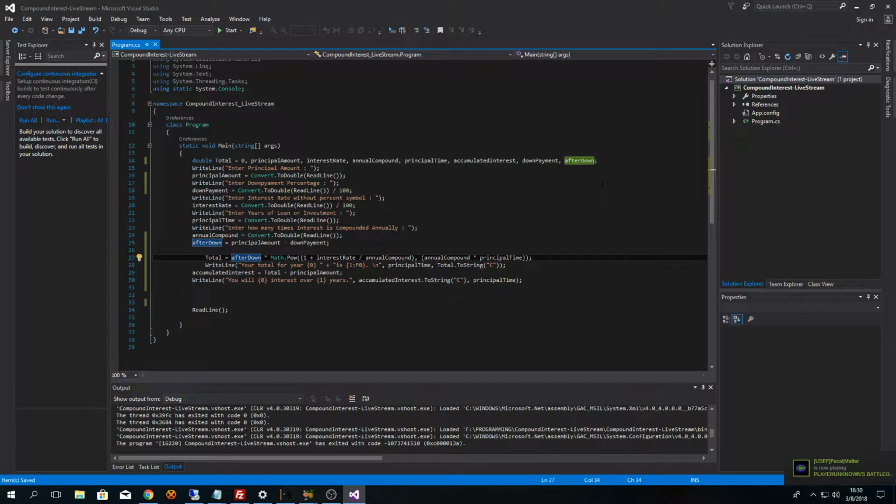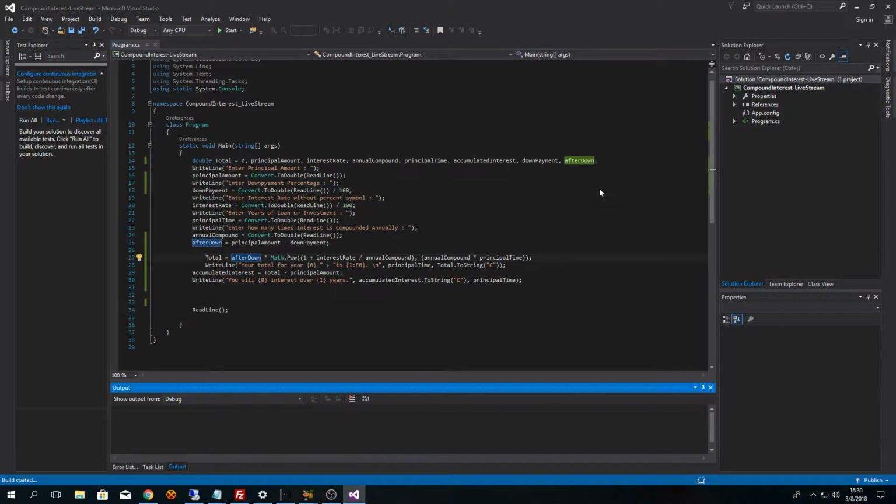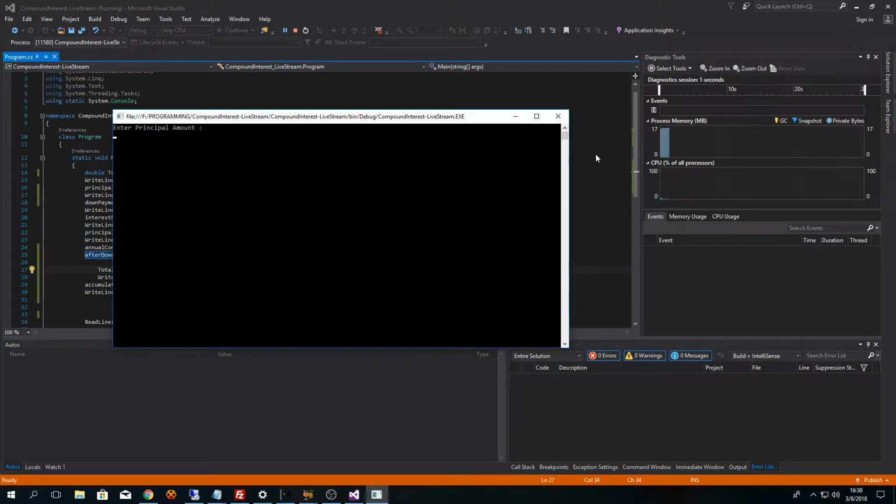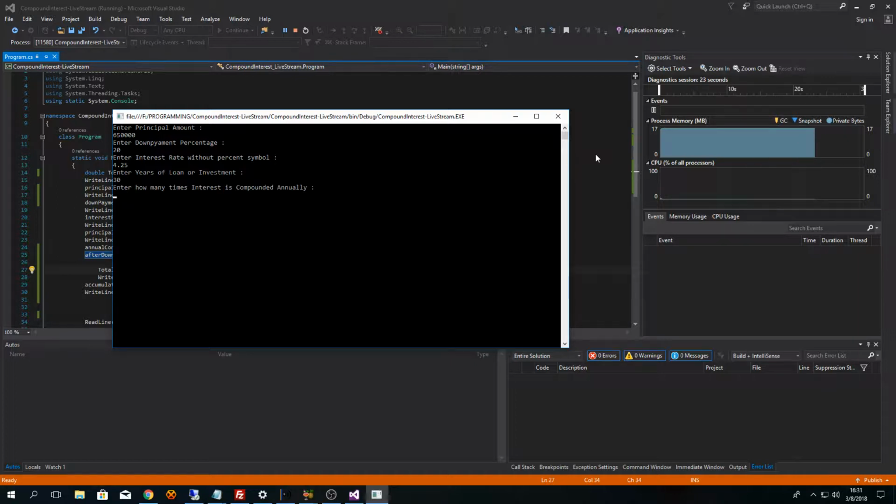Let's give it a shot and see what we get. Let's say we have a $650,000 mortgage. Enter, and they want 20% of it up front, which is not uncommon. The interest rate is 4.25%, again not an uncommon rate. Number of years, fixed rate 30 years, compounded 12 times annually, once a month.